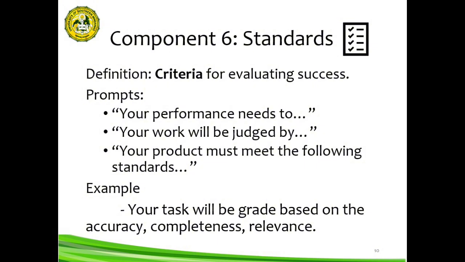Clear standards ensure that both teachers and students understand what quality work looks like. Rubrics are built from these standards, guiding learners as they plan, perform, and self-assess their work. Now we have viewed all six elements.